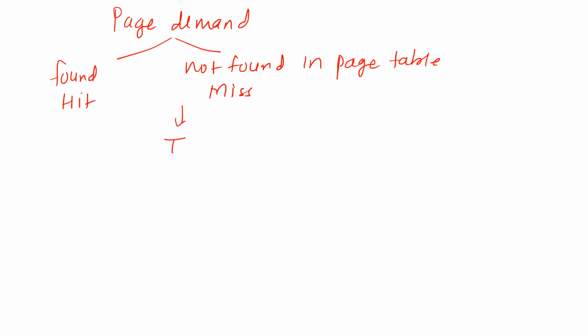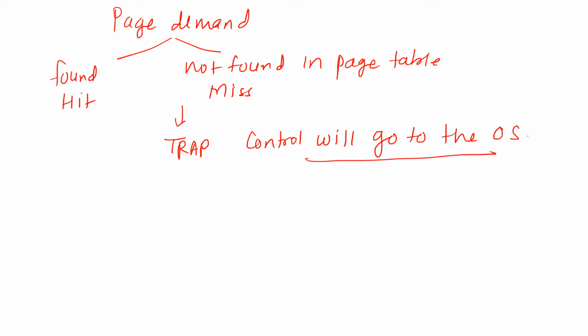The trap is generated, an error signal, and the control will go to the operating system. This is called context switching. Context switching will happen and the control will go to the operating system.